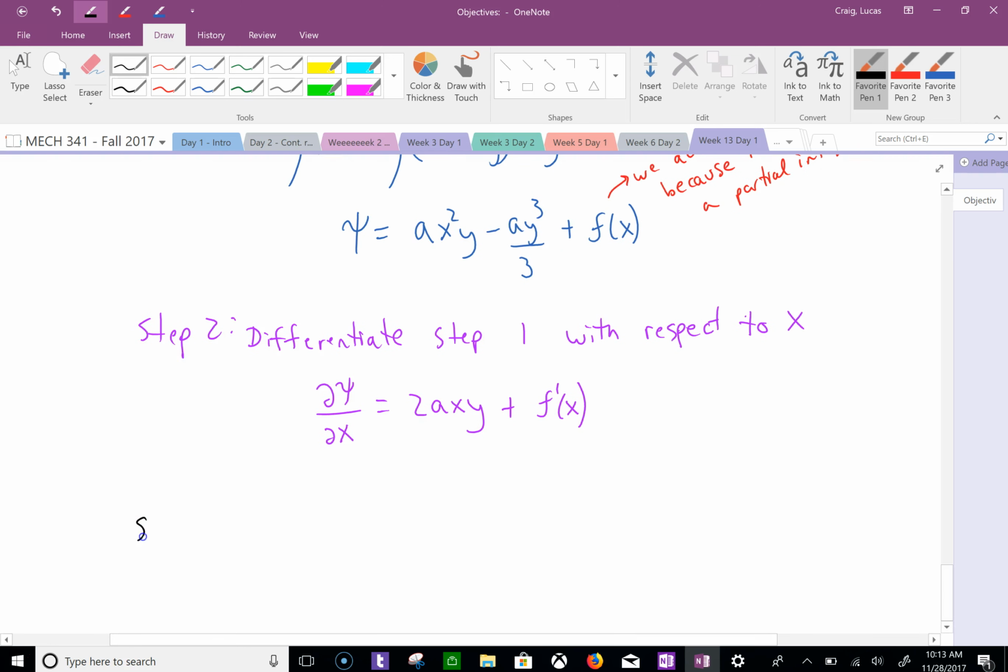Okay. Step 3. Sorry, is there any question? I have a question. Well, we could, but we're not going to. That'd be 2axy if you take the derivative with respect to x. Yes, that is a 2.